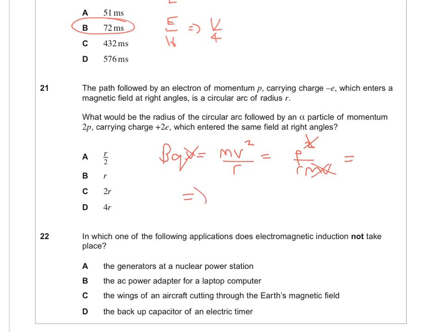So essentially what we end up with is BQ is equal to momentum over r. And what we're trying to get is an expression for r, so it's going to be momentum over BQ. So we've got double the momentum, so you've times 2 on the top line, and you've got double the charge, so you've times 2 on the bottom line, so you end up with exactly the same radius as before, so B.